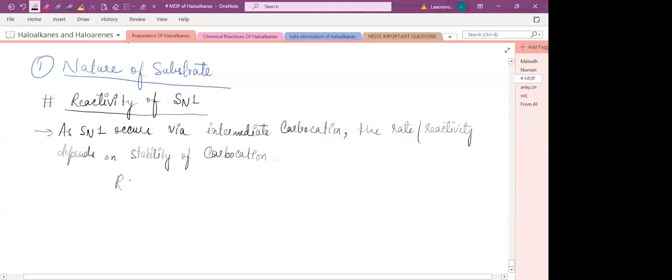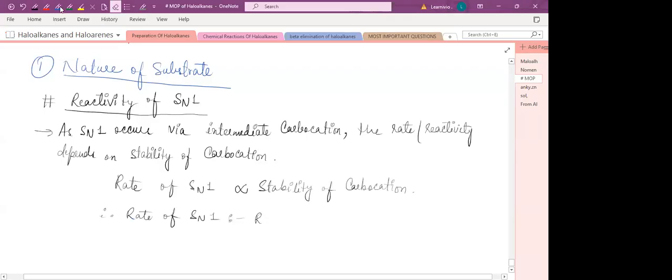And we know that rate of SN1 is directly proportional to the stability. So therefore, the order of rate of SN1 reaction is basically 3 degree, then 2 degree, then 1 degree.